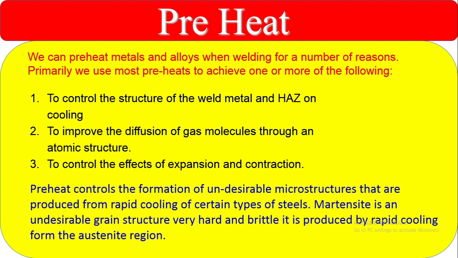In the CE diagram, martensite is a harder material and it will be brittle anytime. So the material will be in problem under static load. Any type of load, and definitely it will be brittle. That's why we need to slow down the cooling rate. That's why we need the preheat.